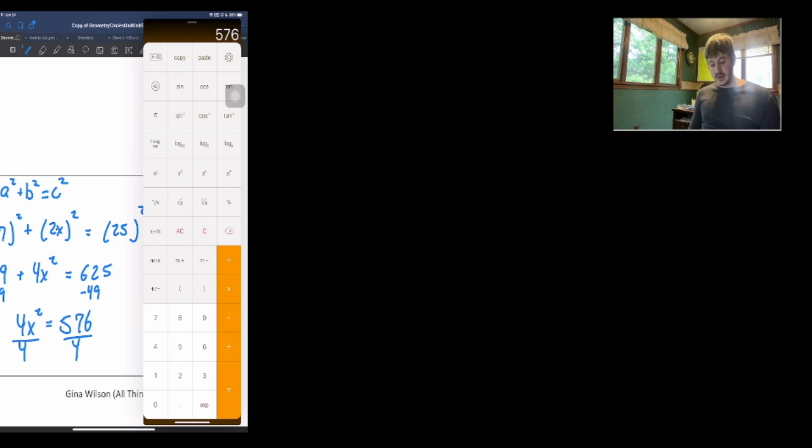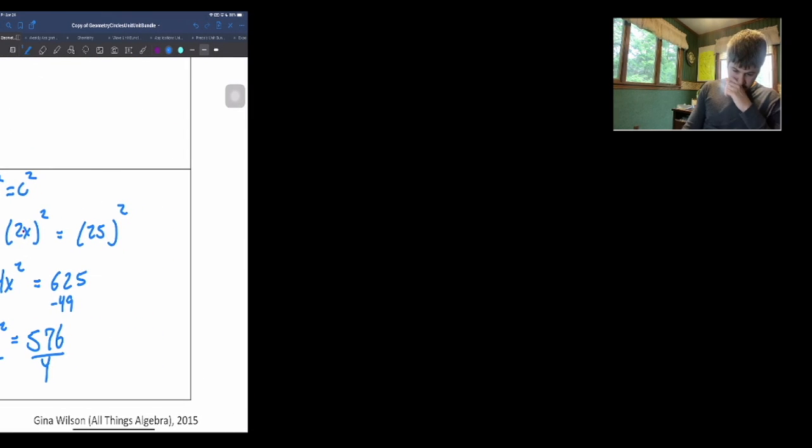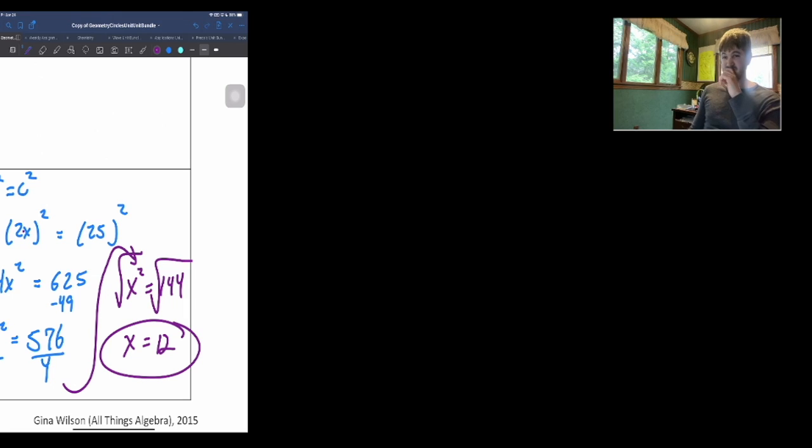When you divide both sides by 4, 576 divided by 4 is 144. So I'll move my work up here. x squared equals 144. Now we can square root it with no problems. And 144 is great because that's a perfect square. x equals 12.